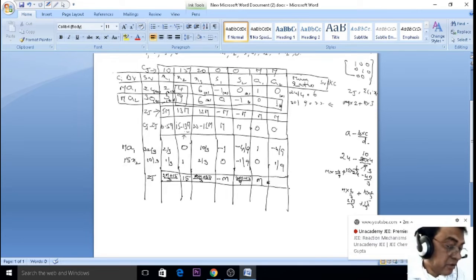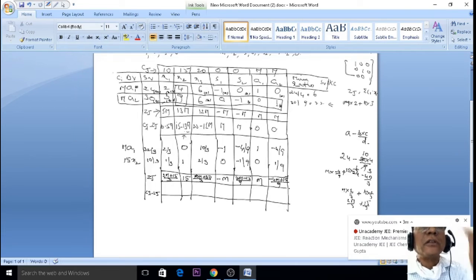Next, Cj minus Zj. What are the Cj? Already the top values: 10 minus 2M plus 15 by 3. Check it here. 10. Understand?